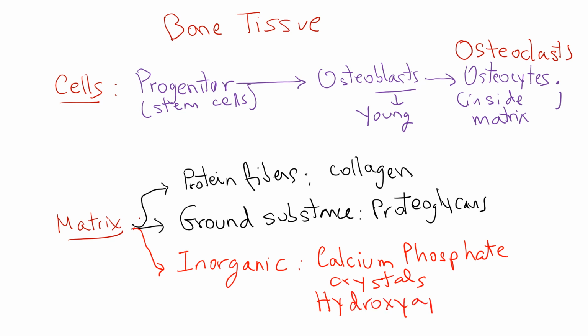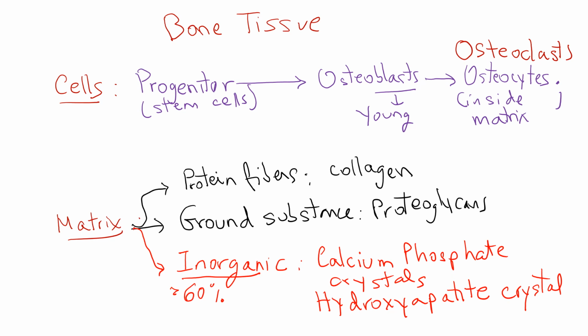This component is not made by the cells of bone, but rather we get it from diet, from the foods we eat. This is the inorganic component, which represents about 60% of bone tissue.